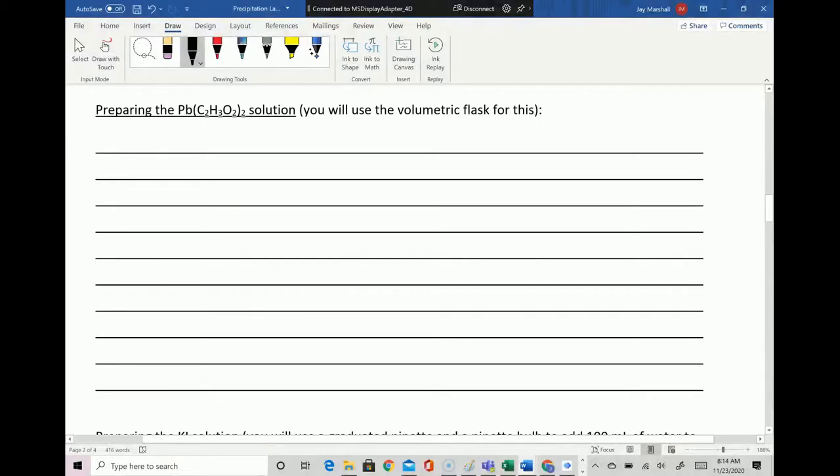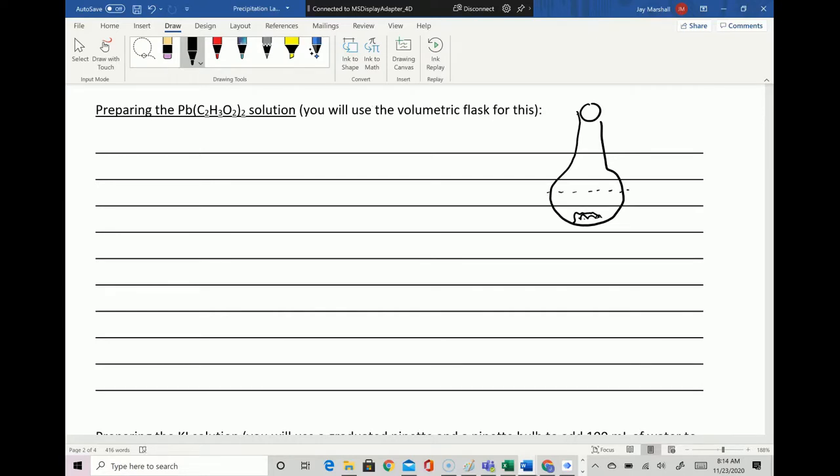Okay? You will use the volumetric flask for that. Remember, I've given you some lines here to take some notes on this. Again, we walked through it and we practiced it a little bit. You will use the volumetric flask, and you'll put the solute in the flask, and then you'll fill it part way, right?